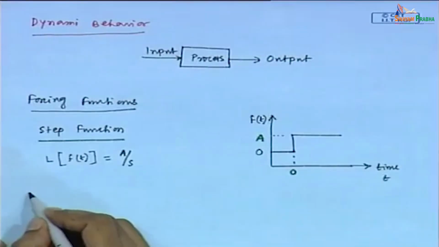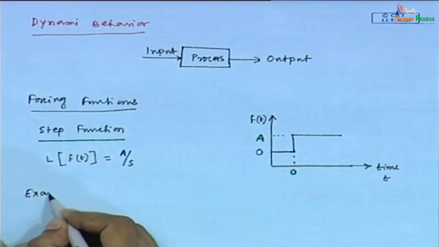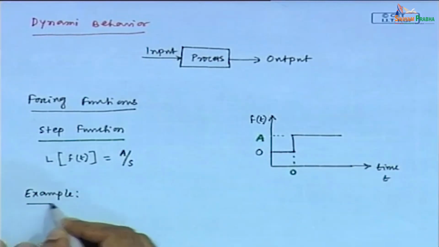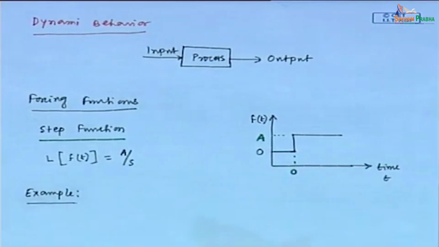What is the example of this step function? Suppose we have a steam valve.